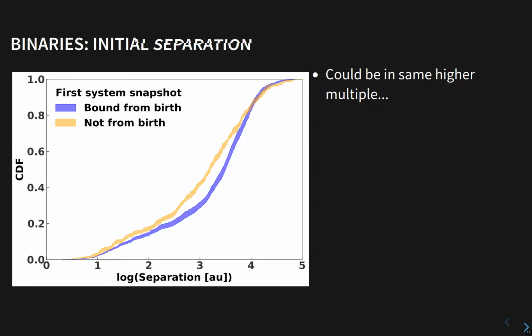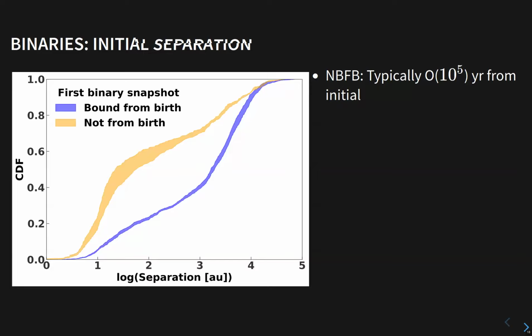And then even more interesting is the distribution at the first time that these not bound binaries actually become binaries. Then you have this jump from this to this. You had them identified as companions, but in a lot of cases not as binaries, because if they were already binaries, then this distribution and this distribution would be the same.